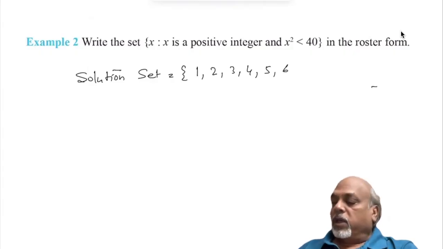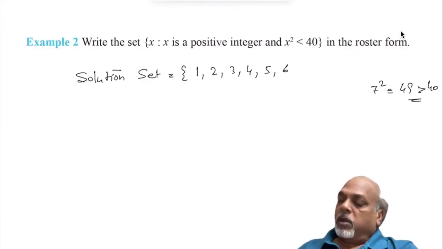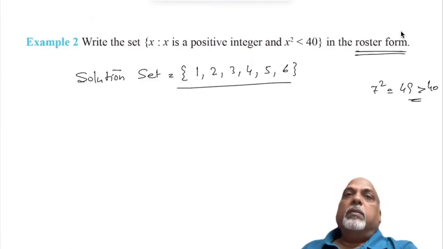But we cannot include 7 because 7's square is 49 which is greater than 40. So this is the set in roster form. Correct?